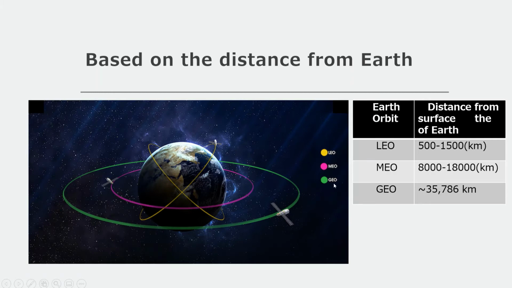GEO stands for geostationary Earth orbit, which is nearly 35,786 kilometers from the surface. The major advantage of using GEO satellites is that, as they are very far from the Earth, they have major coverage and require only a small number of satellites to give whole coverage to the Earth.